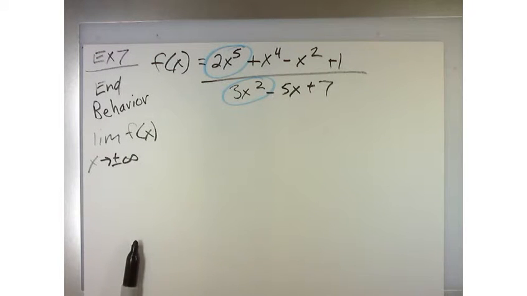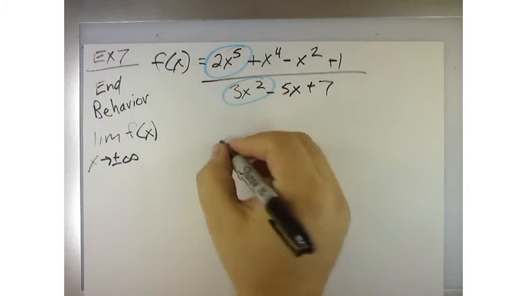They kind of cancel each other out when you blow up towards infinity or go in the other direction towards negative infinity. And so normally when you want to study the end behavior of a rational expression like this, you really just focus on the leading coefficient.